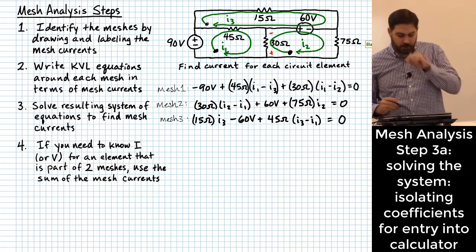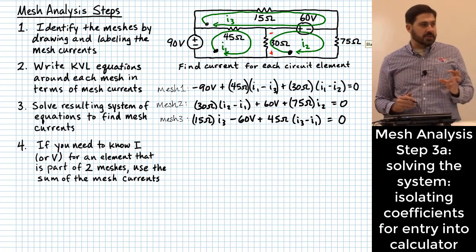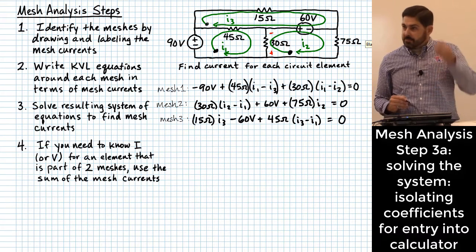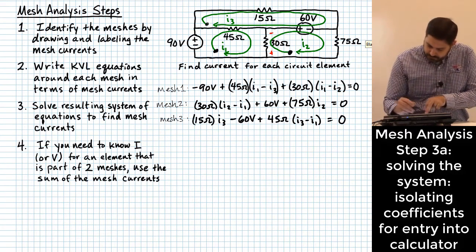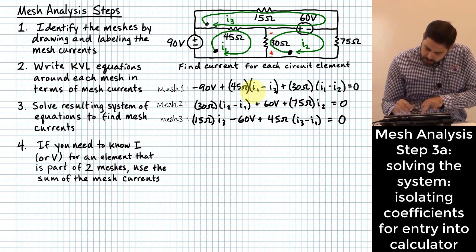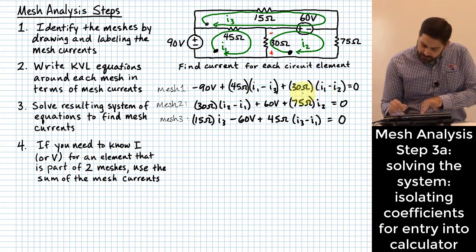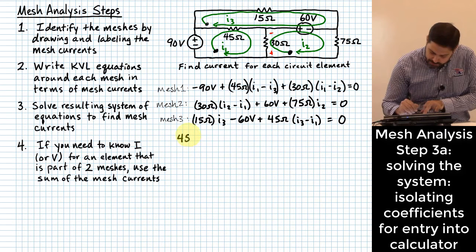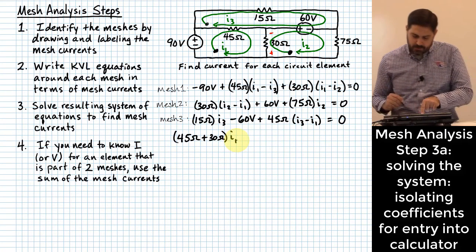Okay, tell you what I'm going to do real quick is I'm going to rewrite each of these equations to make it convenient for calculator entry. Okay, how do we do that? All right, for the first one, I'm going to look for everywhere I have an I1, right? And what I find is that I've got a 45 ohm and a 30 ohm. Those are two coefficients multiplied by I1. So I'm going to take down here and say 45 ohms plus 30 ohms, I1, then what?